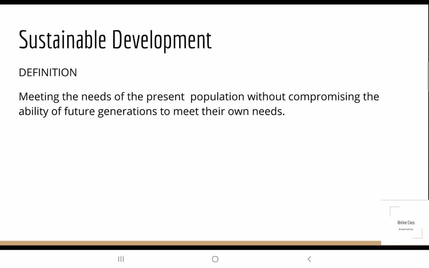So basically, you need to meet the needs of the present population without compromising the ability of the future generations to meet their own needs. So for a population to be sustainable, the rate at which it grows must not threaten the survival of the future generations. So a population that's growing too rapidly or one that is falling won't be sustainable.